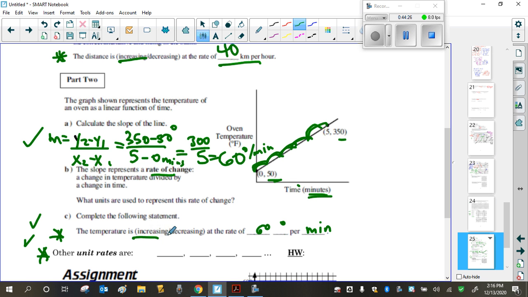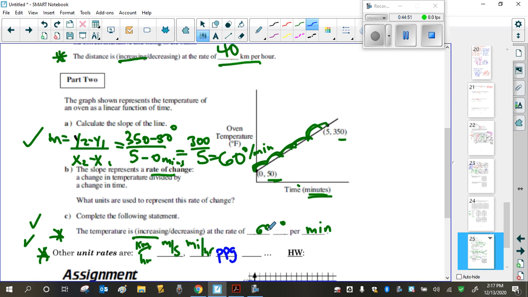Other unit rates. What are other units? Well, certainly we like kilometers per hour. I'm going to put kilometers per hour. Similar for speed is meters per second or miles per hour. It's also sports. What do we see in sports? Points per game, PPG.